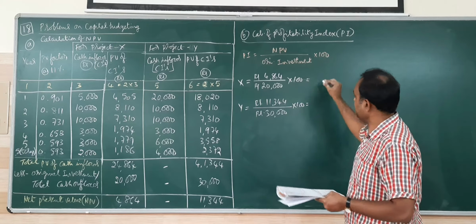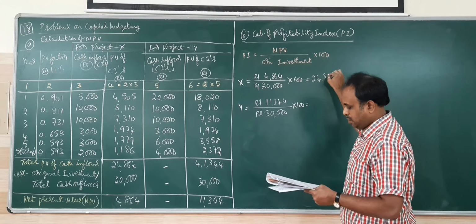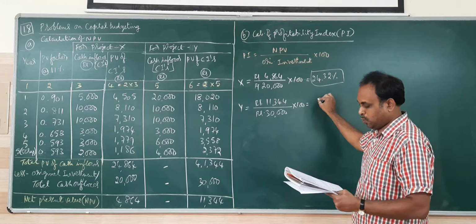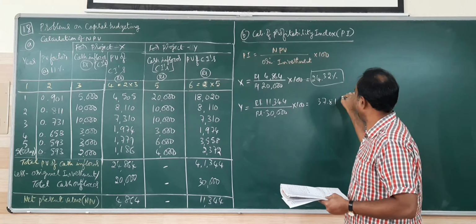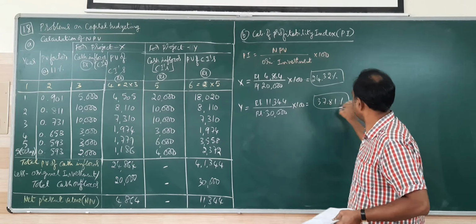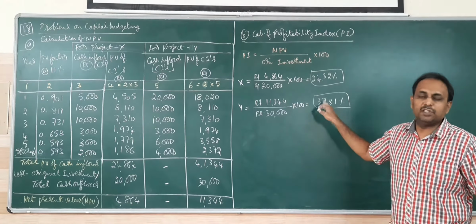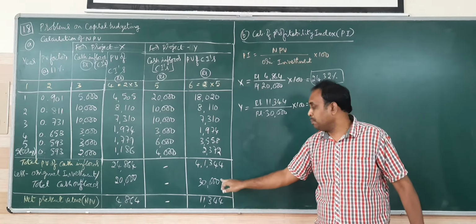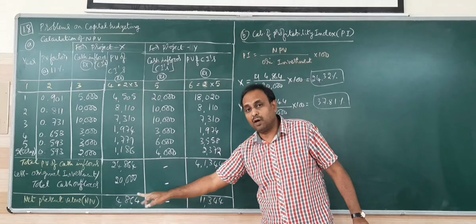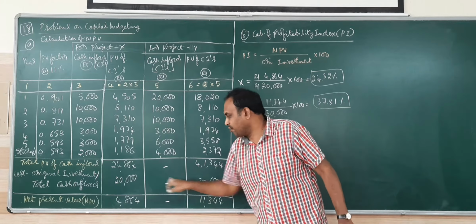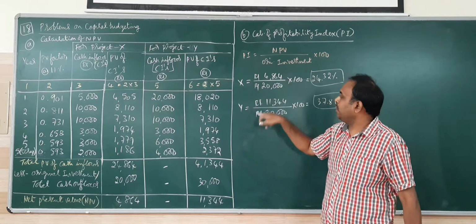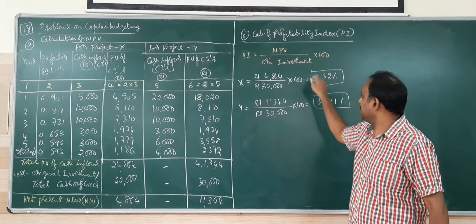So for X you get 24.32%. For Y you get 37.81%. This is the one which tells the true profit, not the NPV, because NPV is not the one for consideration when the investment is different. So we cannot prefer so easily.